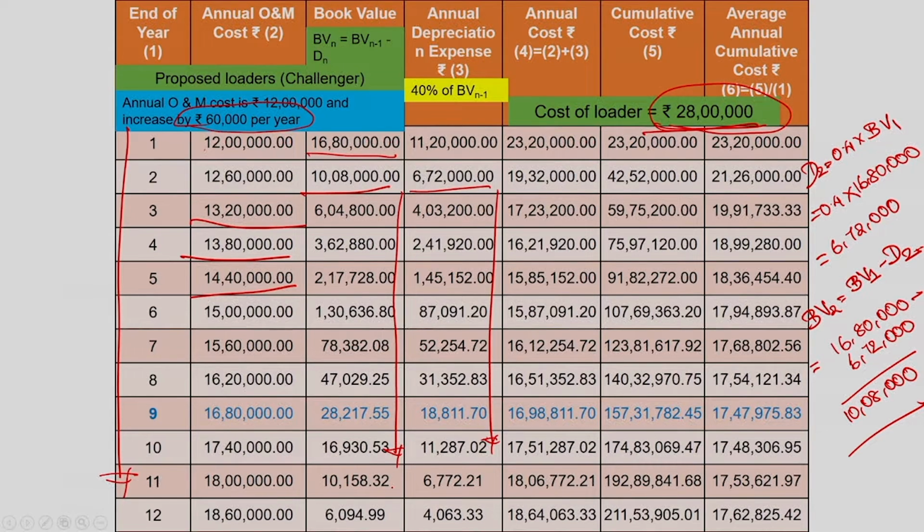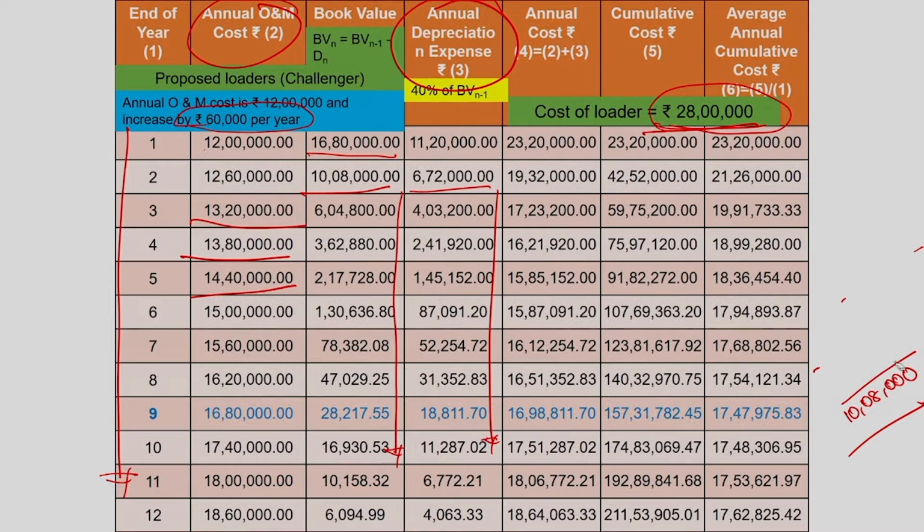Now, you can estimate the annual cost by adding the operating and maintenance cost and the depreciation. When you add column 2 and column 3, you will get the annual cost for every year. What is the annual cost for the first year?